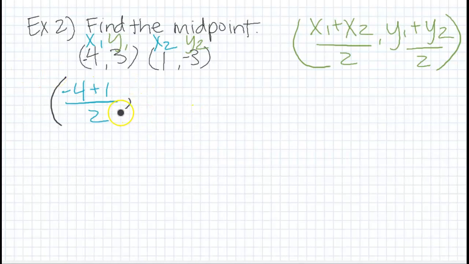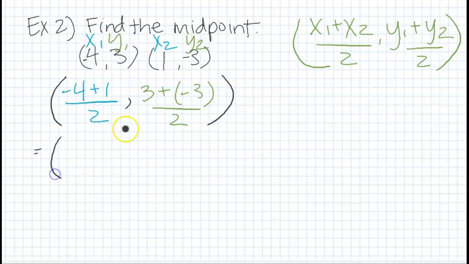Now I put a comma in between because I'm going to end up with 2 values, a coordinate, an x value and a y value. I take my first y value, 3, and I add it to my second y value, -3, and that is also divided by 2. Going on into solving, -4 plus 1 is -3.